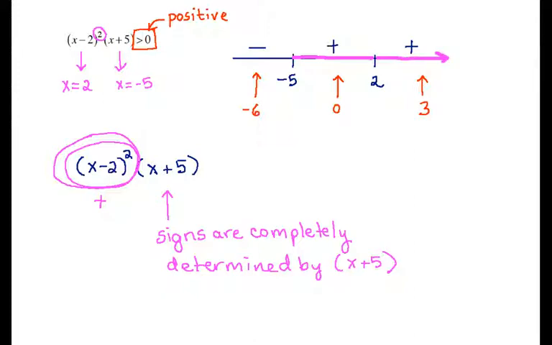I'm not going to just run right over that 2 until I've thought about it a little bit. It really depends on what kind of inequality I have, whether it's strict or inclusive. In this case, the inequality is strict. I only want the values for which the polynomial itself is strictly greater than 0. At x equals 2, the polynomial is equal to 0. So because I would use round parentheses for a strict inequality, I am going to have to exclude 2 from my solution set.